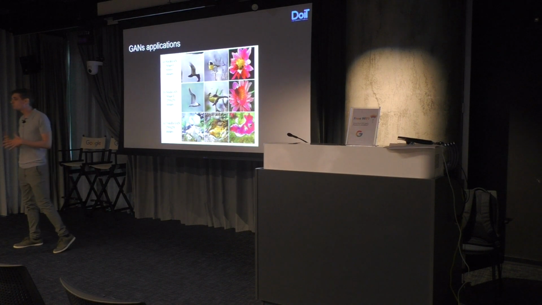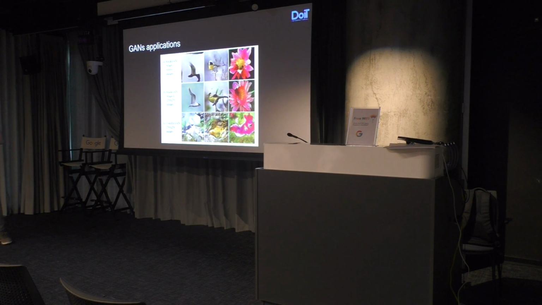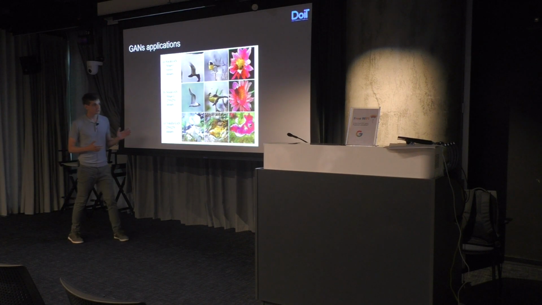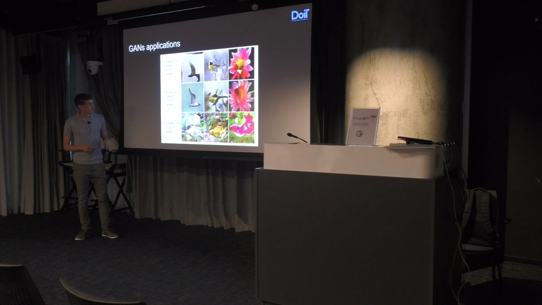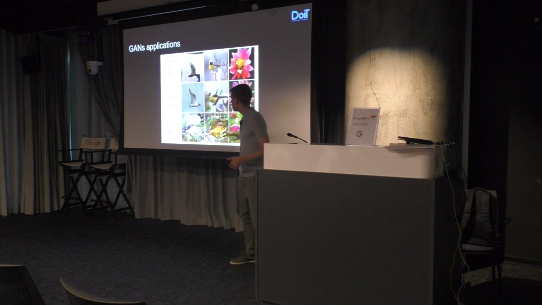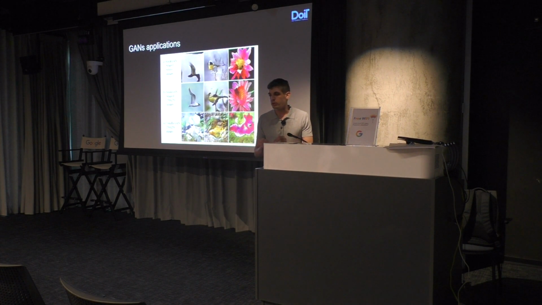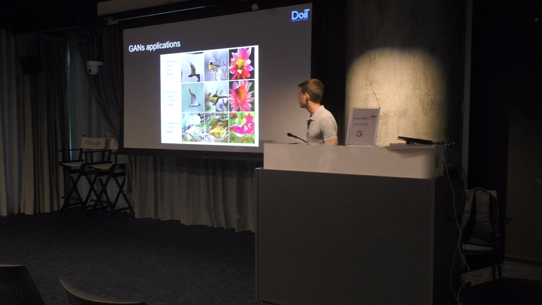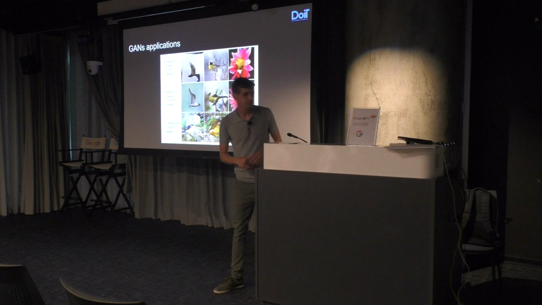The first initial results were not that outstanding, but the whole concept of a computer that can imagine or generate data, and not just tell us if it's a bird or a duck, was groundbreaking. And with time, we have seen a lot of progress, and there are lots of ways to make improvements upon the vanilla GAN. I'll be discussing mostly a technology, a way to improve the training of GANs, but I will also be mentioning a few other techniques.